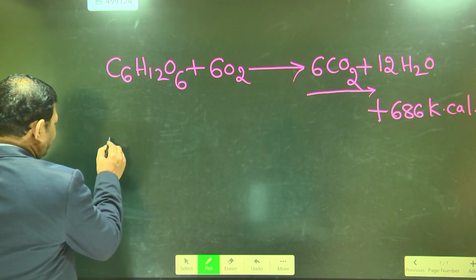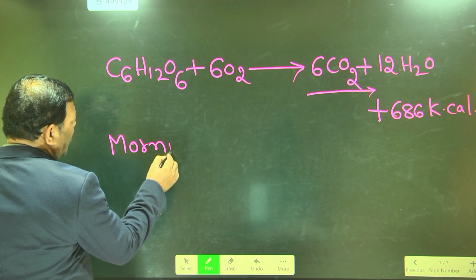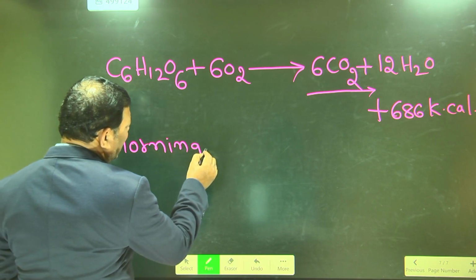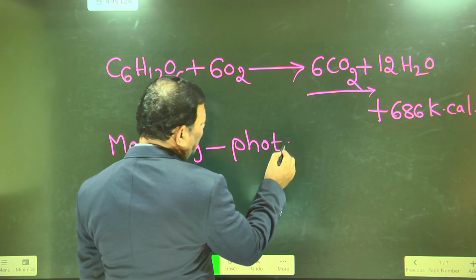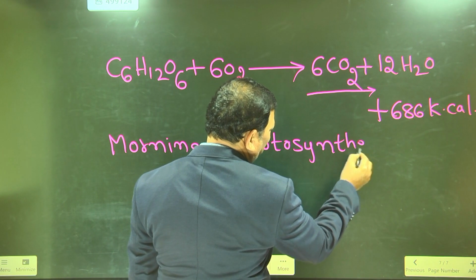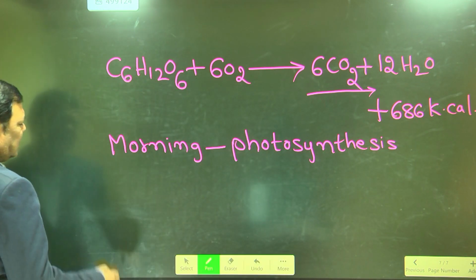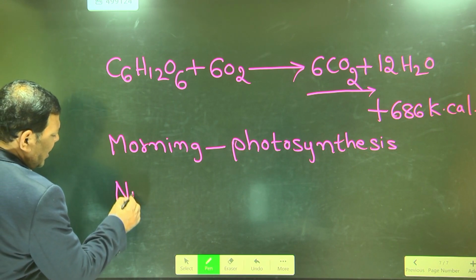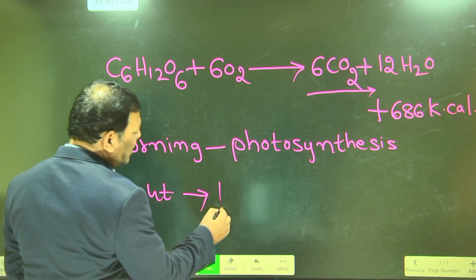In the morning time, the photosynthesis mechanism takes place in the plant. But at night, respiration takes place in the plants.